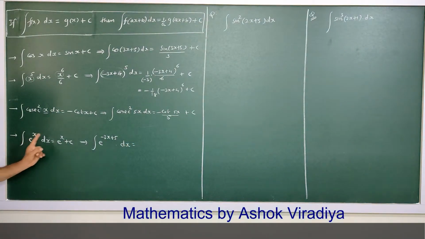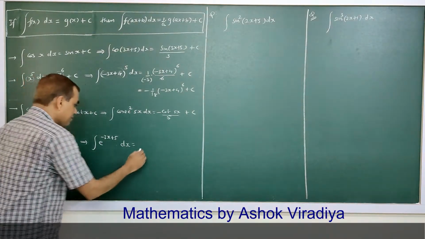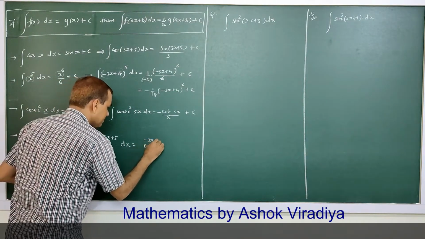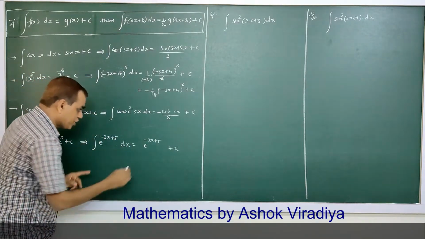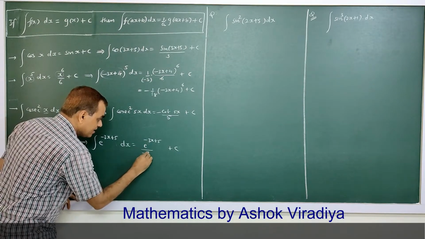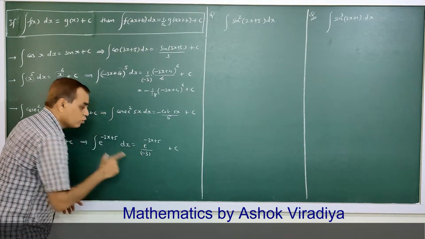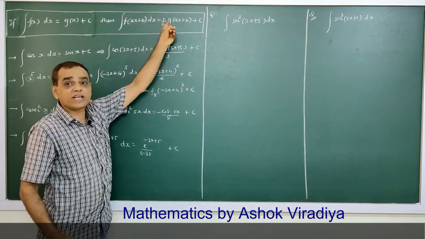So x is replaced by ax plus b. But what is extra? Divide by the coefficient of x, which is minus 3. So 1 upon a, this is extra, 1 upon a.